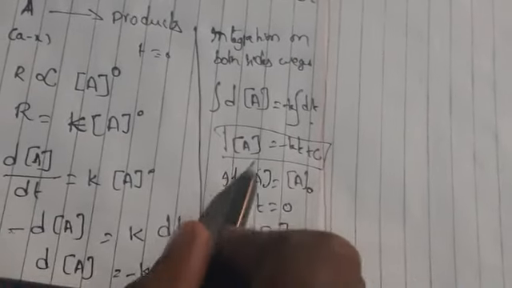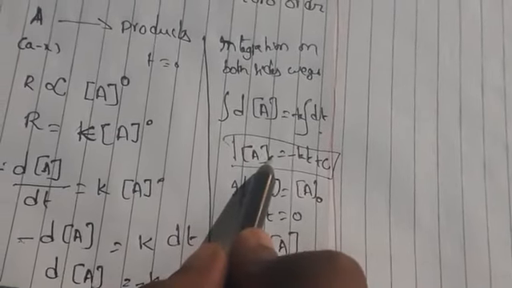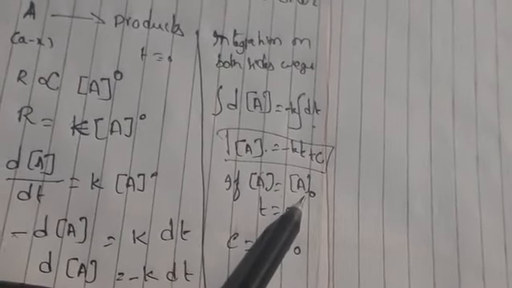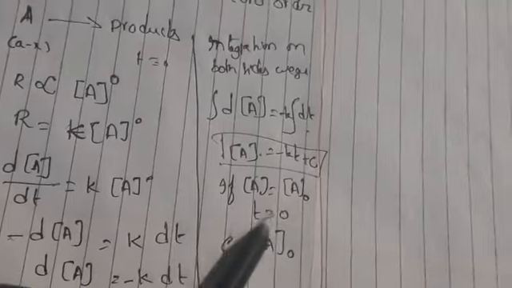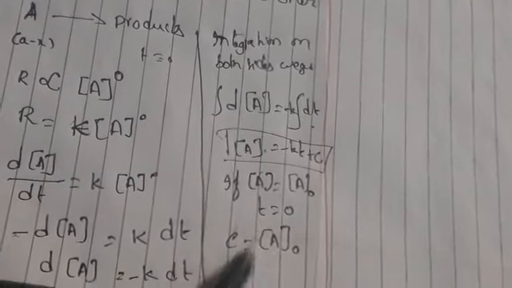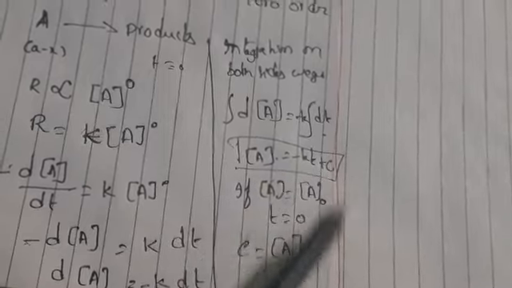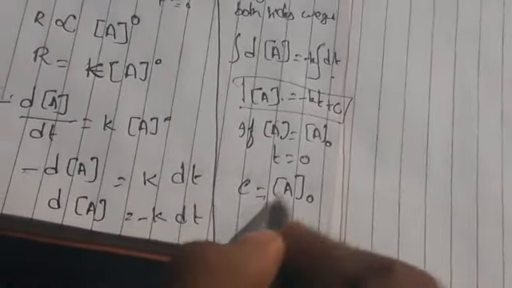If you substitute these two values in the above equation, in place of A we substitute [A] naught and t we place 0, so K into 0 is 0 and we do not write it. So C equals [A] naught. Now this C value is substituted here.